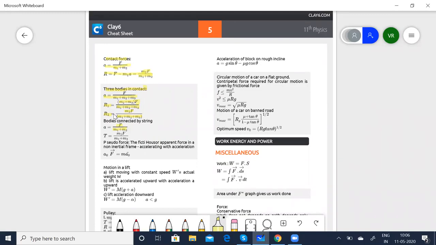Next, a has the usual meaning: a is acceleration, F is the force, m1 and m2 are the two masses.